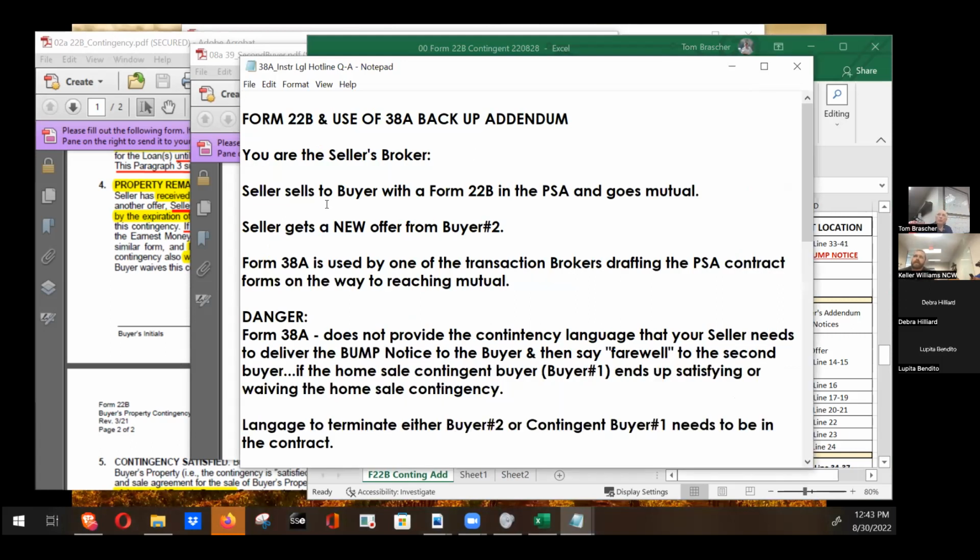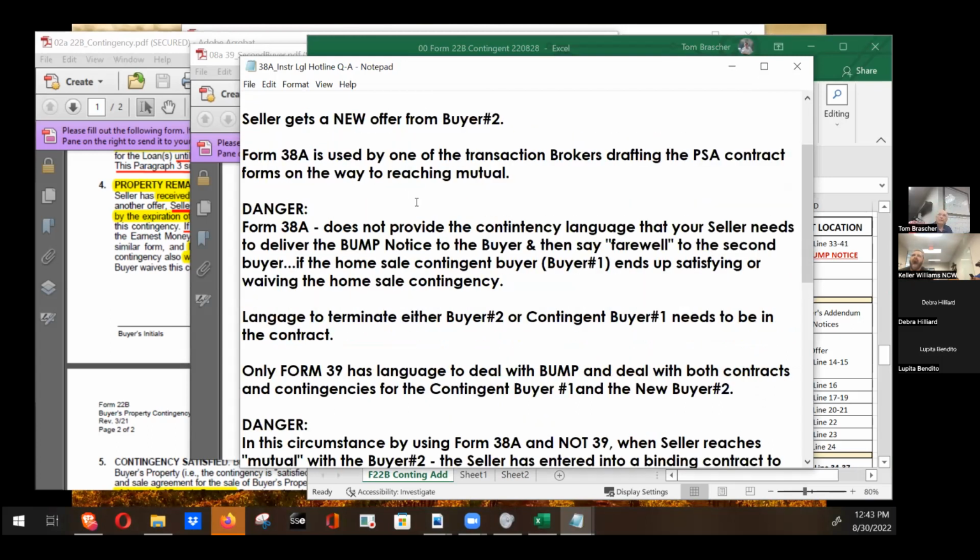If you're the seller broker and the seller sells to a buyer with a Form 22B, the seller gets a new offer from the second buyer. Form 38A is used by one of the transaction brokers drafting the PSA contract forms on the way to reaching mutual.